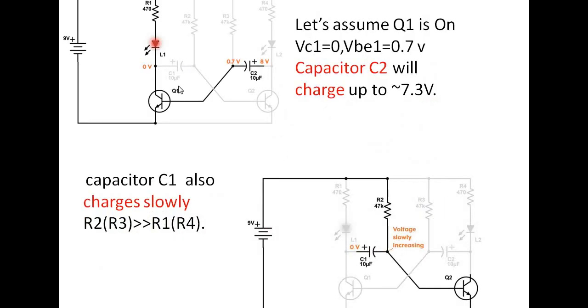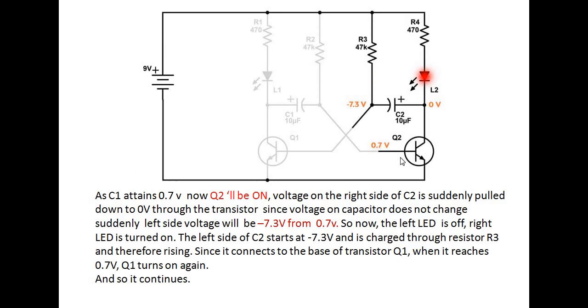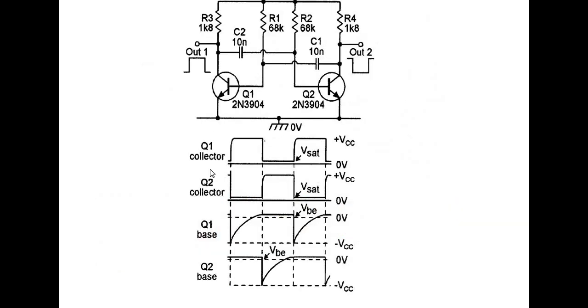Now this capacitor will hold minus 7.3 and it will switch off Q2. So this cycle repeats forever. That's why without triggering, the output of this astable multivibrator changes by itself.